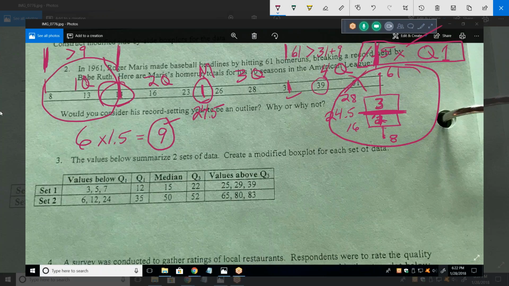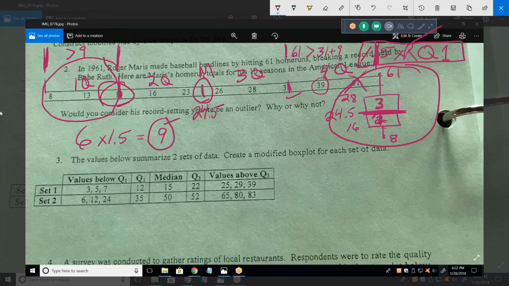By arbitrary, I mean somebody just decided to make it 1.5 times the range of the first quartile. There's nothing in mathematics that says that. That's just what somebody decided. They will call a point an outlier if it is 1.5 times the range of the first quartile. I need an R right there. The range of the first quartile.